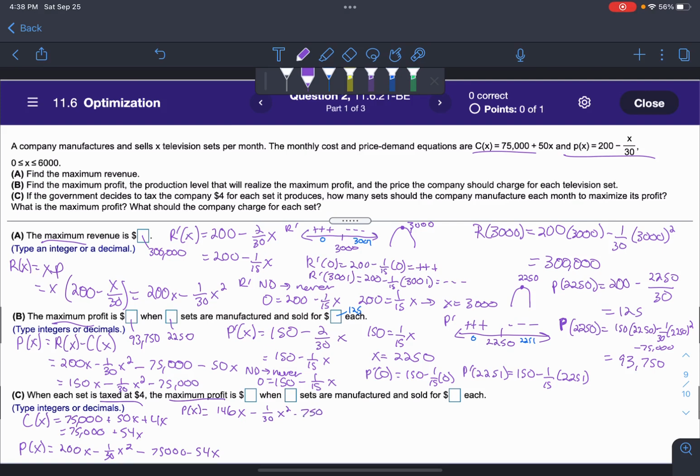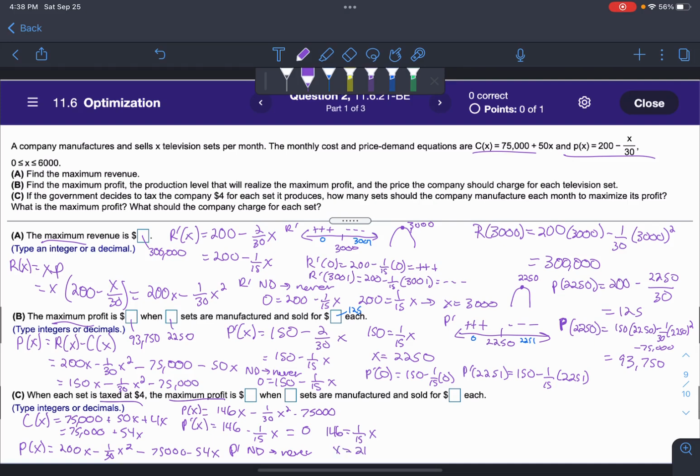So let's take the derivative. We get 146 minus 1/15x. So notice that P prime is not going to be not defined anywhere, but it will equal to 0, and this will occur when 146 is equal to 1/15x, or when my x is 2190.